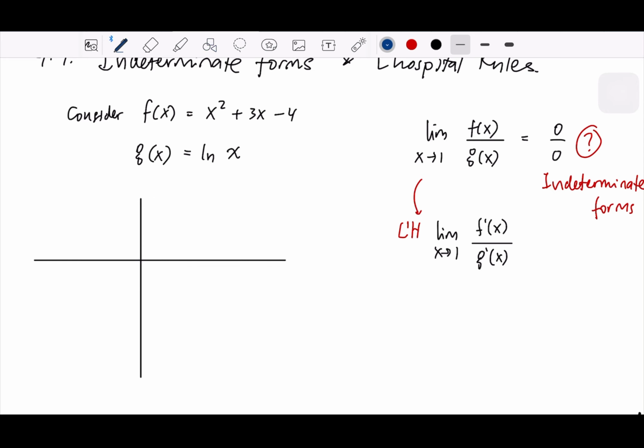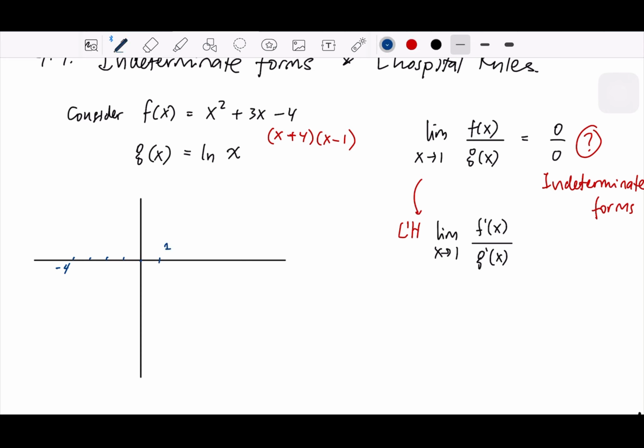If we have from 0, 1, let's say negative 4, because if we factorize, this will be plus 4 and negative 1, right? So this should be negative 4 and 1.